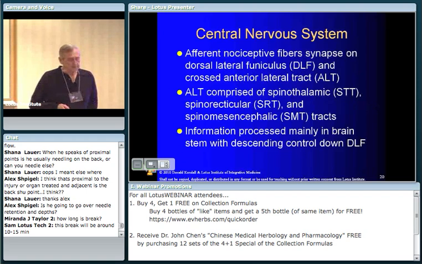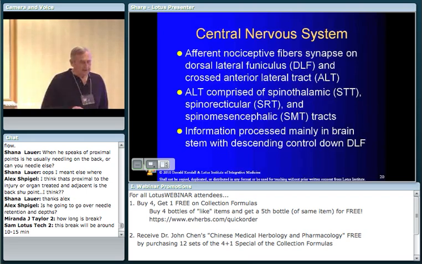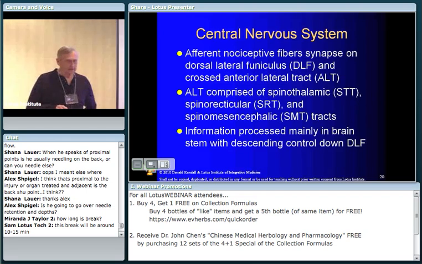And as far as the central nervous system, these nerves are from the brain, and they synapse on the dorsolateral funiculus and cross anterior lateral tract fibers.